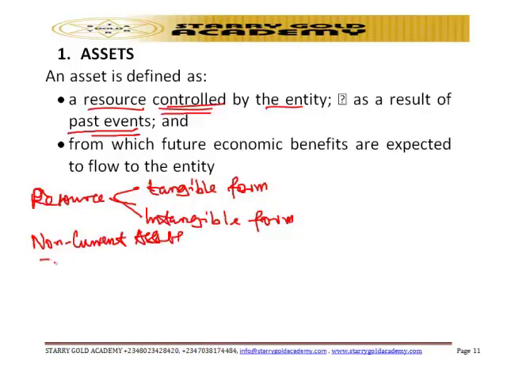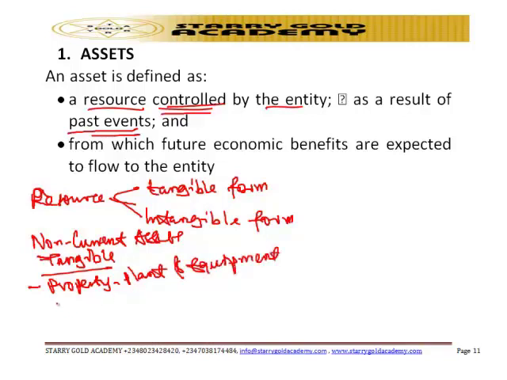Examples include, of two types, you have tangible, which entails property, plant, any item that falls under property, plant, and equipment.